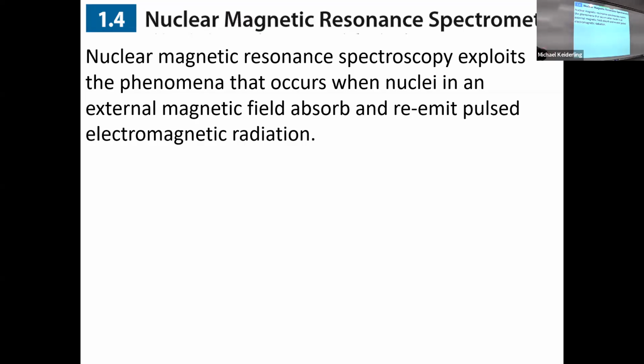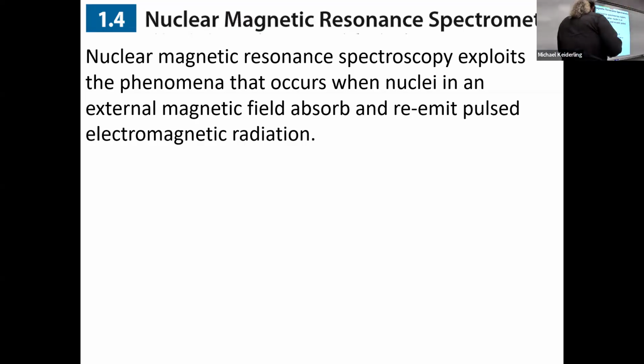Now, nuclear magnetic resonance spectroscopy exploits a phenomenon that occurs when nuclei in an external magnetic field absorb and re-emit pulsed electromagnetic radiation. Basically, nuclei in a magnetic field persist, and if you whack them, you can flip them, and then they will relax back to aligning with the magnetic field. In that process, they can emit and wobble.